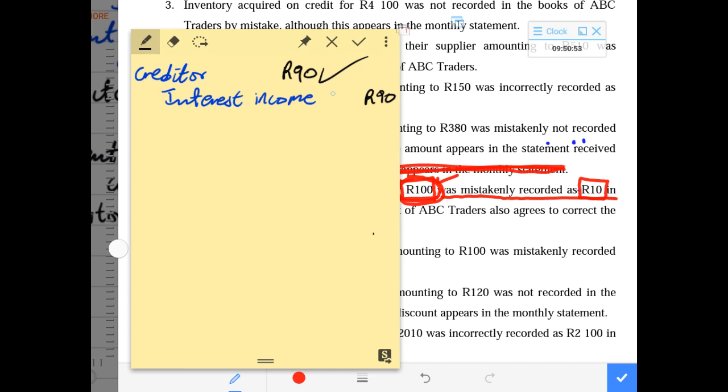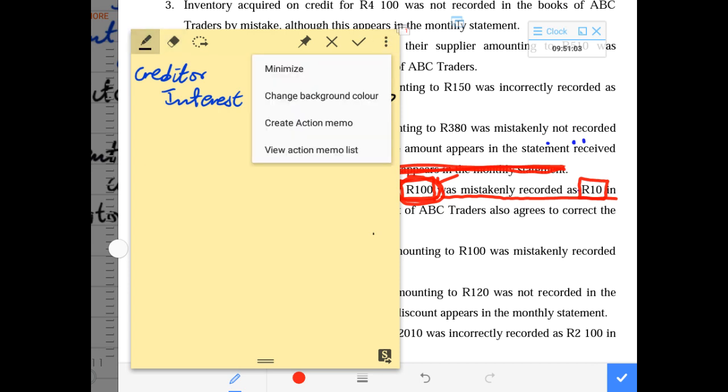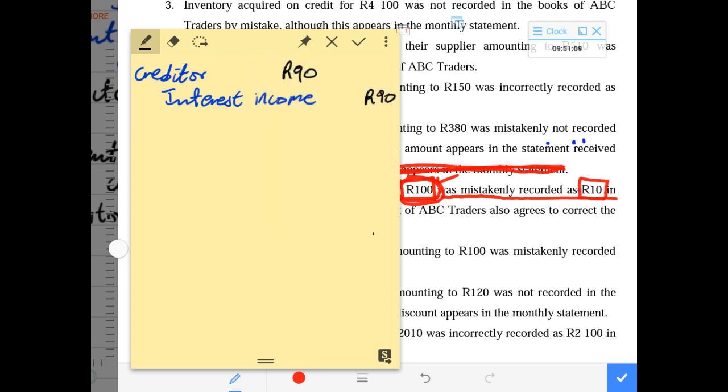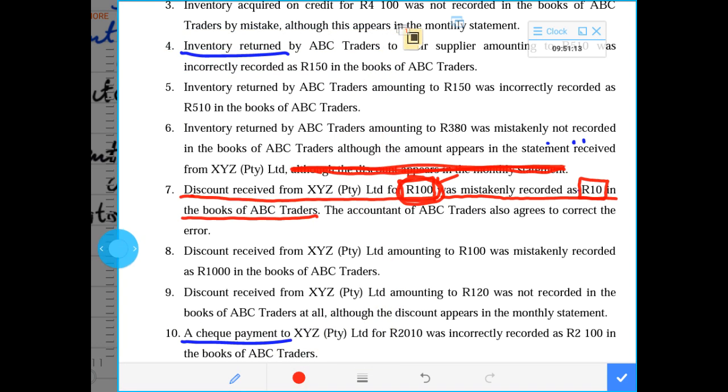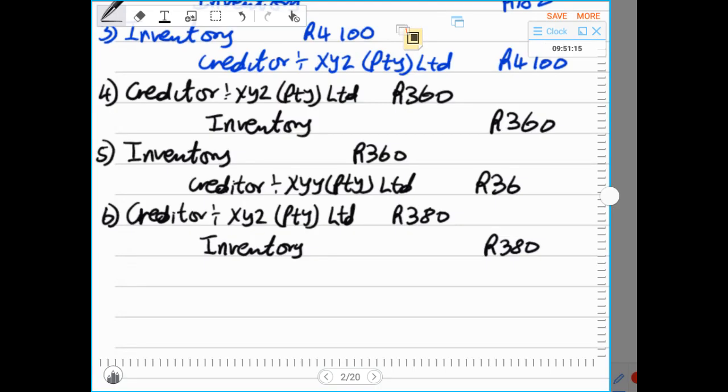Remember, interest income was initially increased by 10 rand, of which it was supposed to be increased by 100 rand, hence we only add the 90 rand. So now we are going to record this correcting entry in the records.